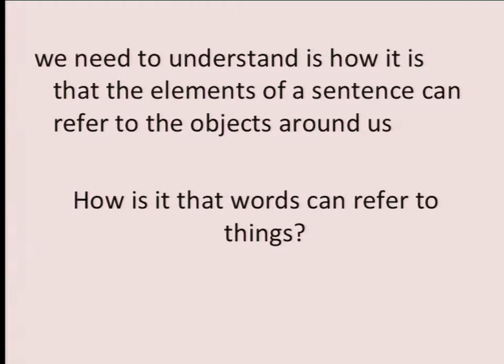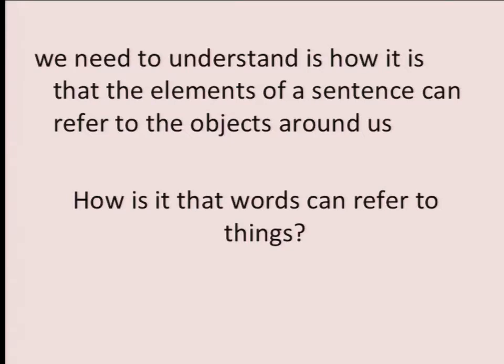I said Raleigh refers to Raleigh. Well, who else would it refer to? As if that was the simplest thing in the world. But that is really the foundational problem in understanding how a language works. How is it that a single name can get hooked up to a particular thing? How is it that the name, the campanile, can get hooked up to that particular object? How is that done?